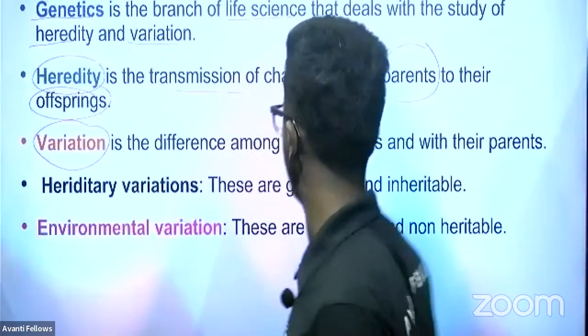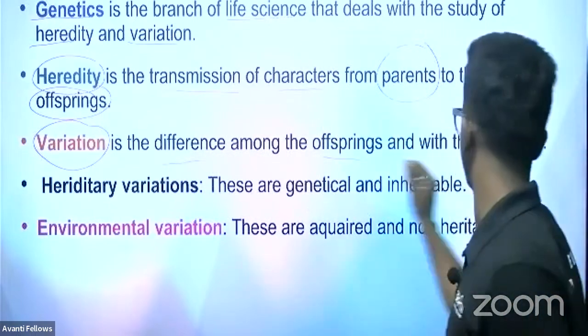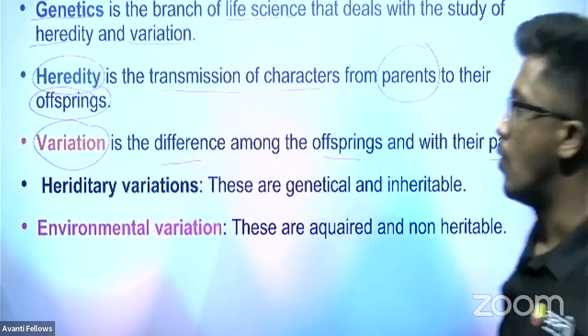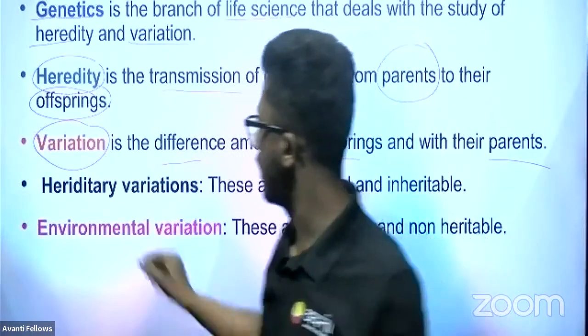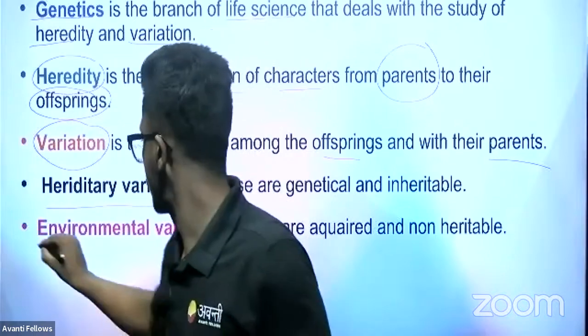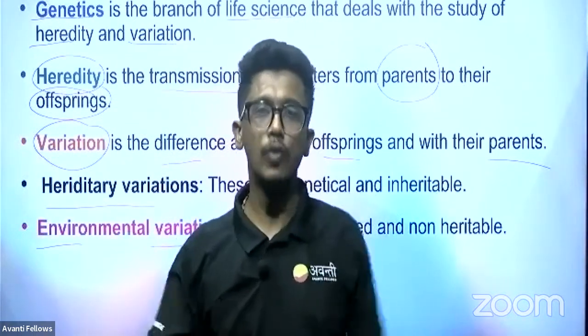So are variations something not hereditary? Let's observe that. Whenever there is a difference in characteristics between offspring and their parents, it is called variation. Variations can come in two types. One is called hereditary variations, the other one is called environmental variations. What is the difference between these two?